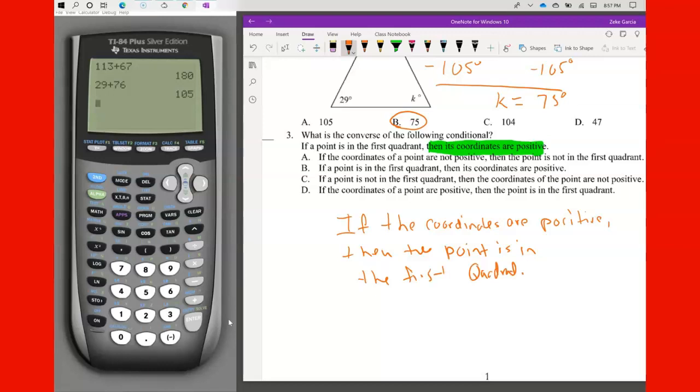So which of these will satisfy the converse? What you're doing is you're switching the statements, so the first part is going to be the last, and the last part is going to be the first. So your answer is D.